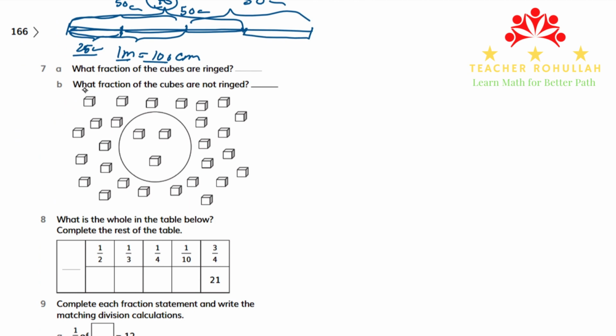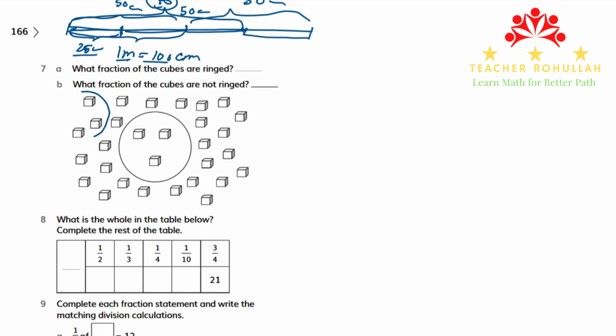In question 7, we have 2 parts. Part A says, what fraction of the cubes are ringed? And part B says, what fraction of the cubes are not ringed? To find out what fraction of the cubes are ringed, we have to find out how many cubes there are. Because the fraction is made based on 3 cubes, I can split them into groups of 3.